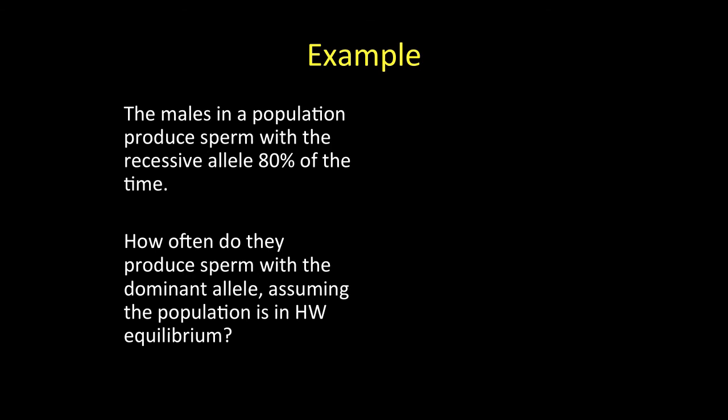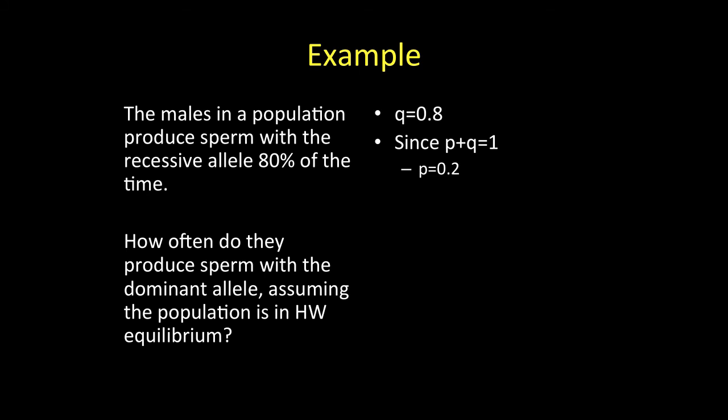The males in a population produce sperm with a recessive allele 80% of the time. How often do they produce sperm with the dominant allele, assuming the population is in Hardy-Weinberg equilibrium? And we'll talk about the conditions under which Hardy-Weinberg equilibrium holds in class. But for now, just trust me, this population's in equilibrium.